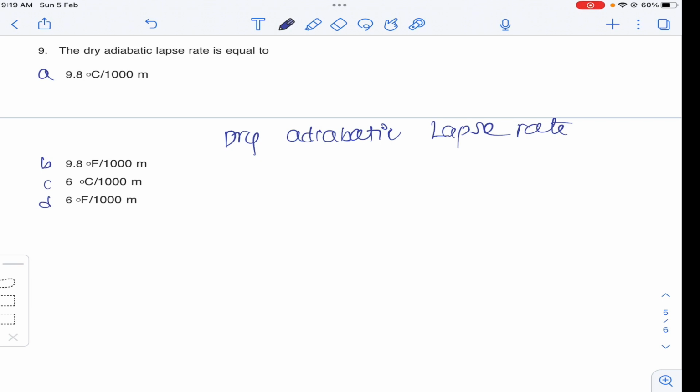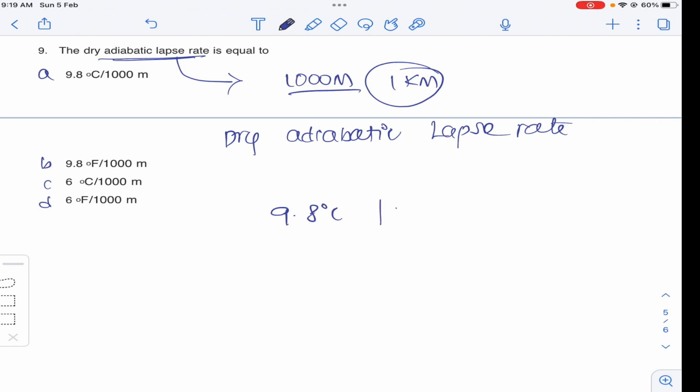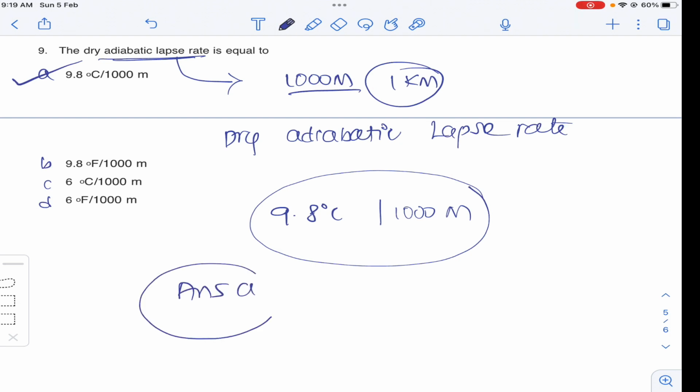So adiabatic lapse rate means how much decrease in temperature for 1000 meters, that is for 1 kilometer, while we are moving from bottom to top. So its value will be 9.8 degrees centigrade for 1000 meters. Okay, so it is answer A for question number 9.